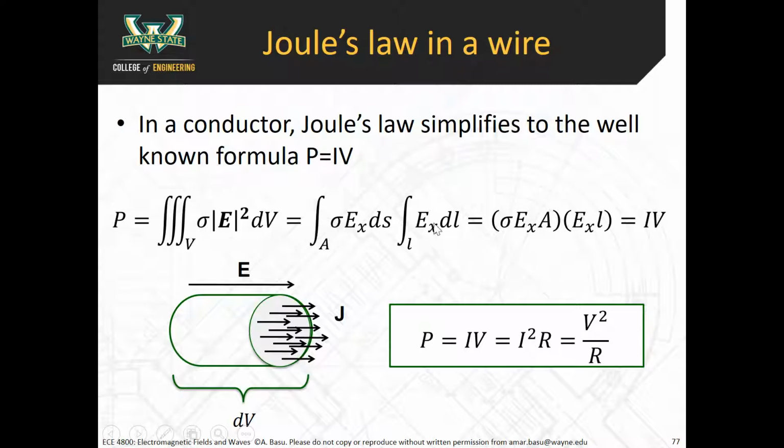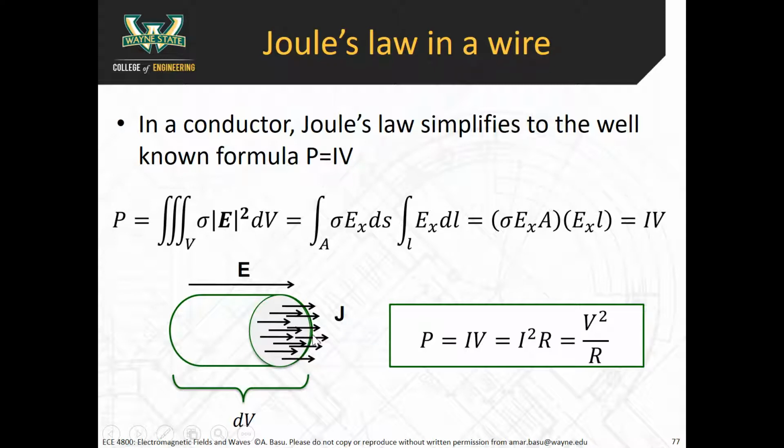The integral of this first part is equal to sigma times Ex times A. Why? Ex is a constant. In a wire like this, the current vectors are the same everywhere. They're uniform.